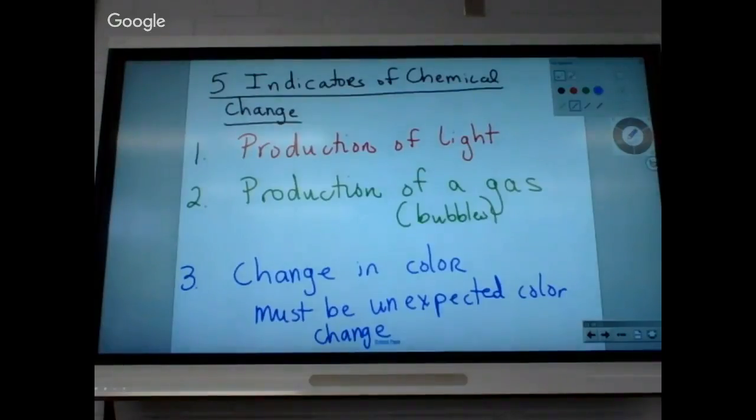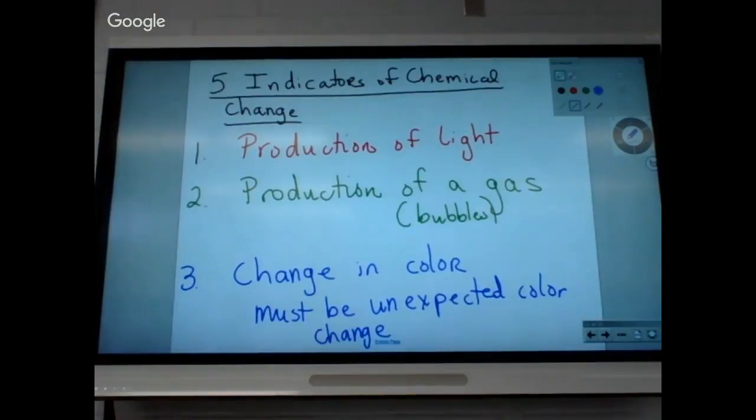Okay? Unexpected color change. Now, sometimes when I ask about the color of leaves changing in the fall, people go, oh, that's not a color change. That's expected. We know the leaves are going to change colors. Hold the phone, people. Y'all took biology. Y'all know what's supposed to happen with the leaves in the fall, right? Y'all know the whole process in leaves is a biological chemical change, right?